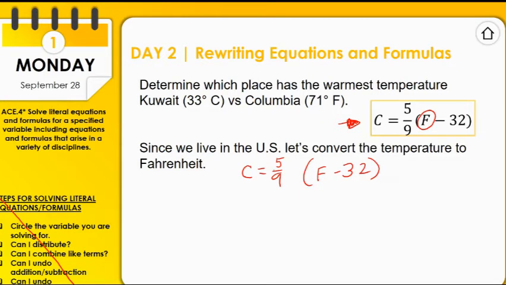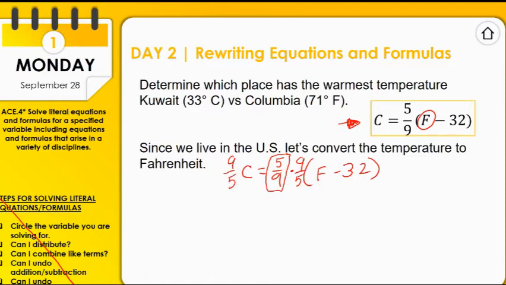Because we have a fraction, I'm going to approach this slightly different than we have others. Because we have 5 over 9, I want to move 5/9 to the other side. In order to do that, I need to multiply by its reciprocal. So I want to multiply both sides by 9 over 5.